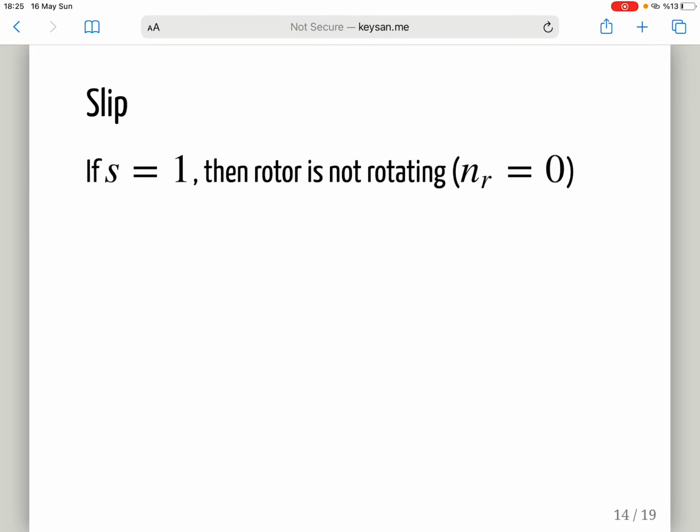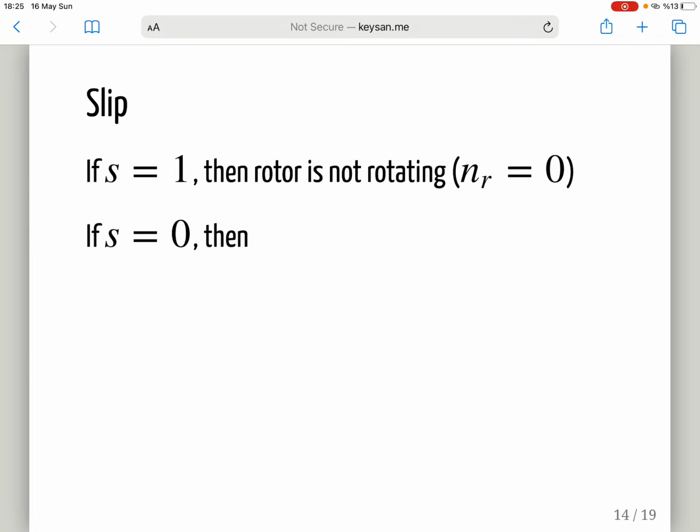So that is 100% slip. In our induction motor, you will have s equal to 1 when the rotor is not rotating, nr is equal to 0.